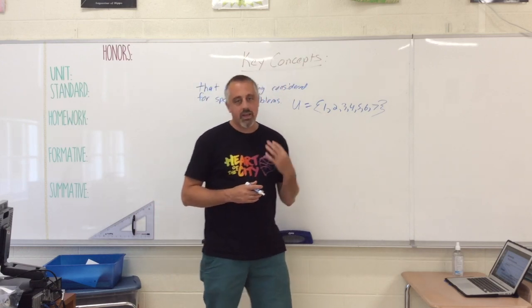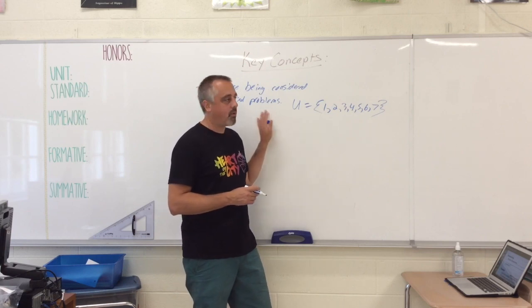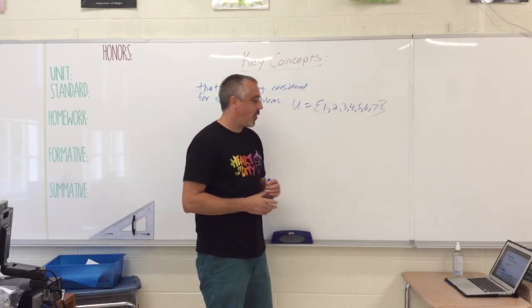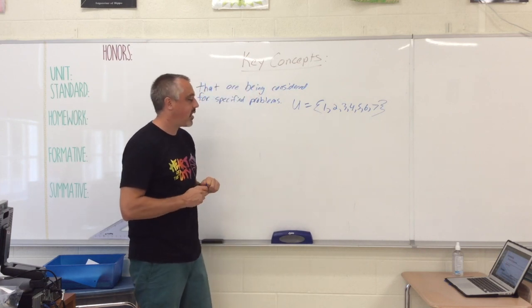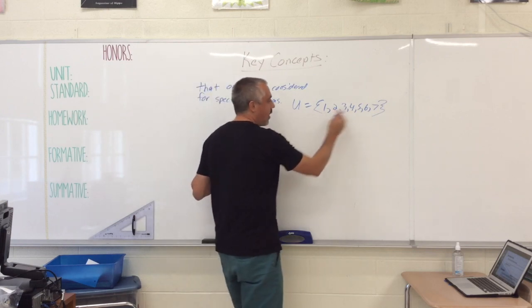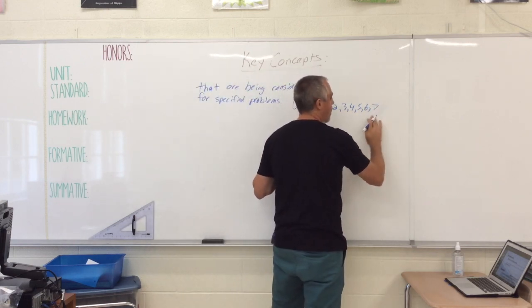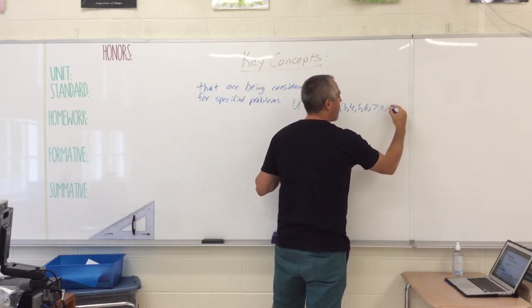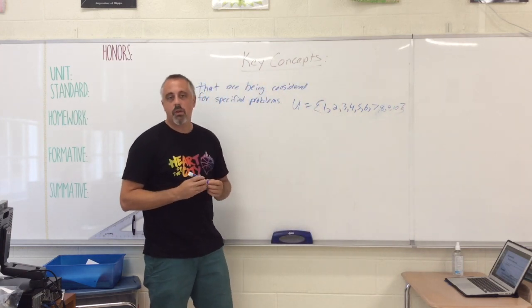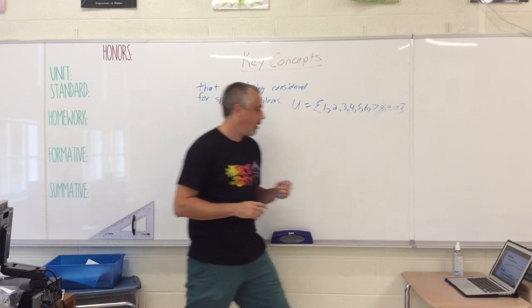The universal set will be given to you for a specified problem. In the example there, if the counting numbers from 1 to 10 inclusively were being looked at, our U would not have stopped at 7, it would go up through 8, 9, 10. They use the word inclusively, which is something that we will also define.